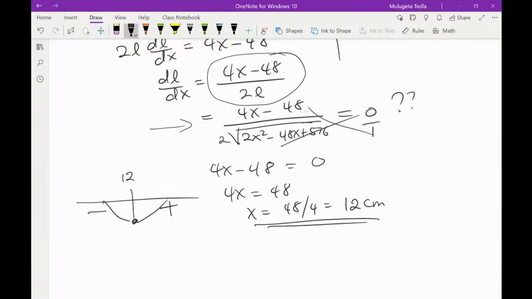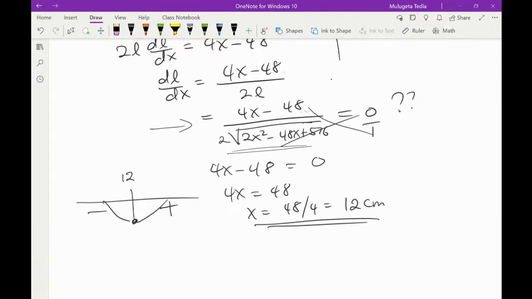Why didn't I consider the denominator? The denominator is positive anyway. The sign is determined by the numerator only. This is what determines the sign of the whole quotient, because the denominator is always positive, because it's a square root number multiplied by 2.